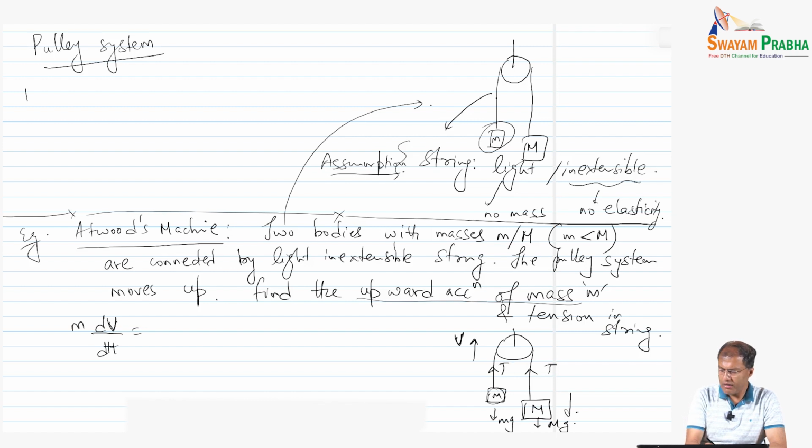So we have m dv/dt is, this is moving up, so T minus mg, and on the other mass we have capital M dv/dt is Mg minus T.